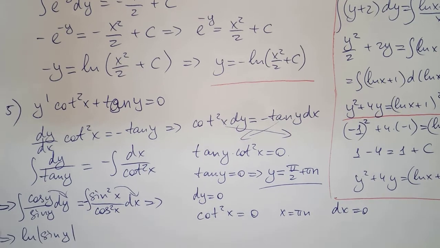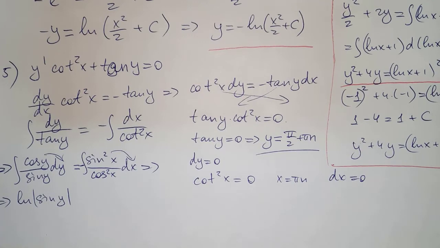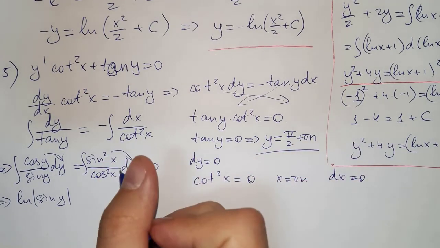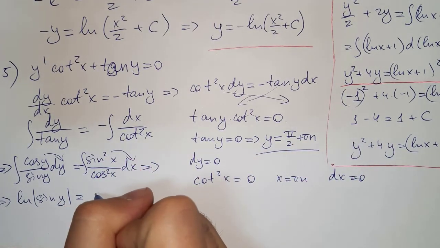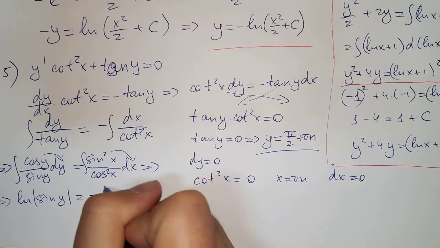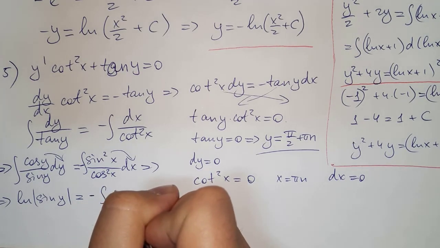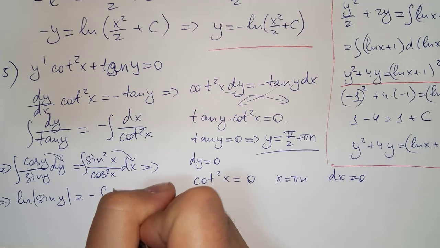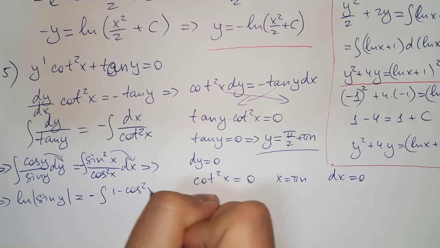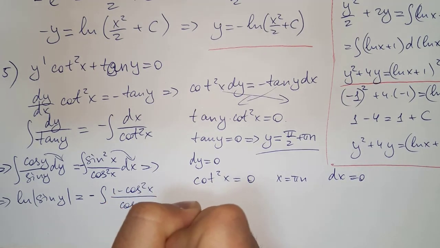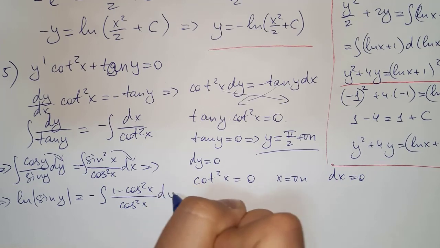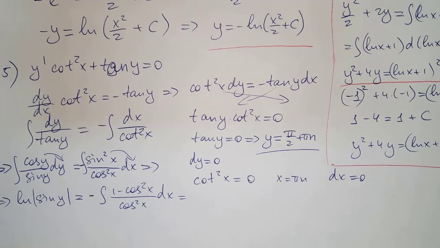And now this one we can write as minus integral of 1 minus cosine square x over cosine square x dx. It is better, I think, and then let's continue.